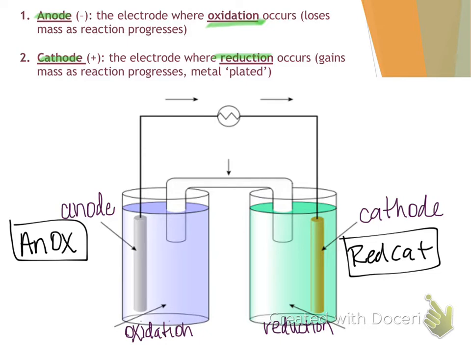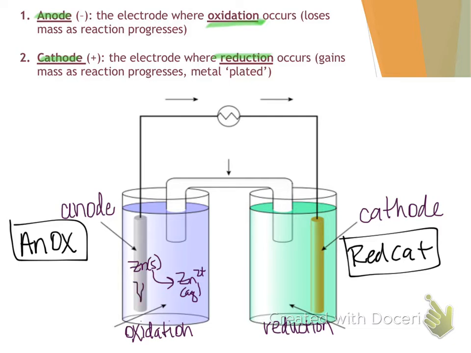Let's say that our anode is zinc. If our anode is zinc, our zinc is going to be losing electrons, oxidation is lost, to form Zn2+, which would then exist in this purple aqueous solution that we have here. So we have solid zinc turning into zinc 2+.